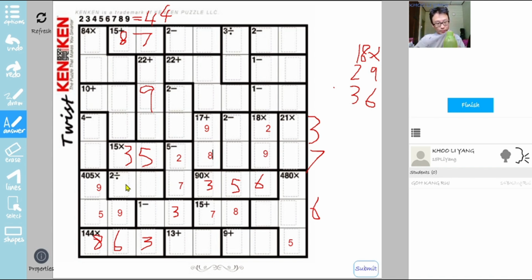Okay, there are two possibilities in this box, 8 divided by 4 or 4 divided by 2. These two possibilities contain 4, so 4 will be here. Okay, in this row, the second last row, the numbers left are 2 and 4.